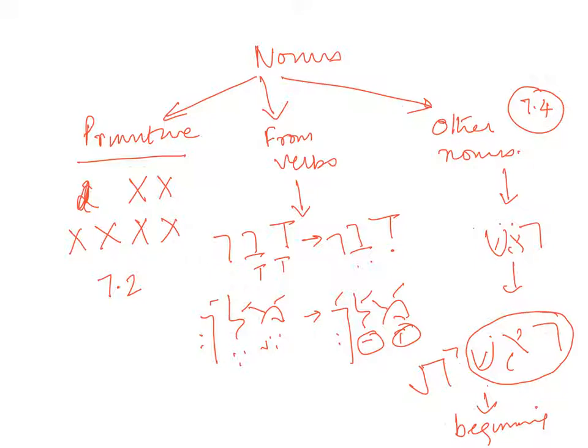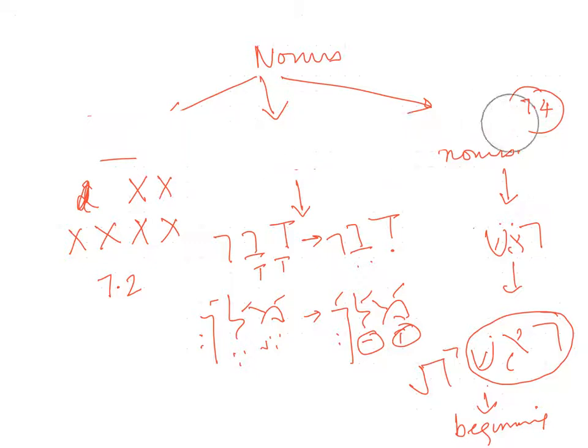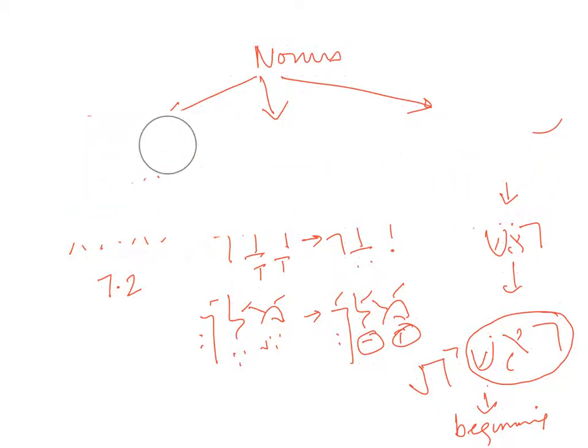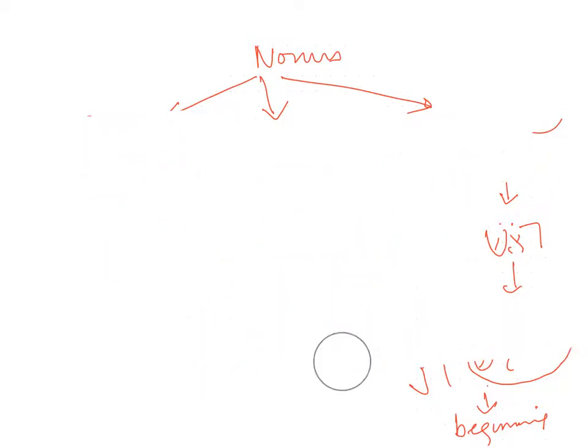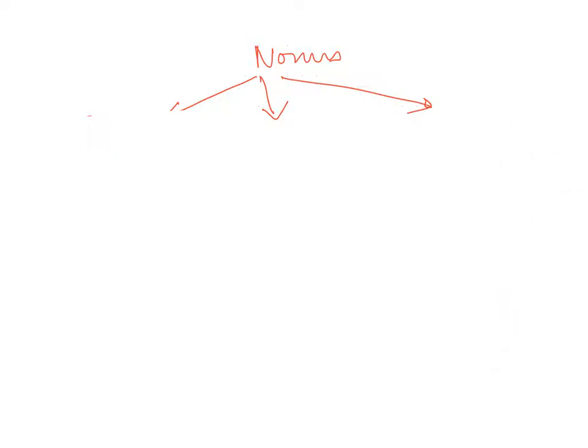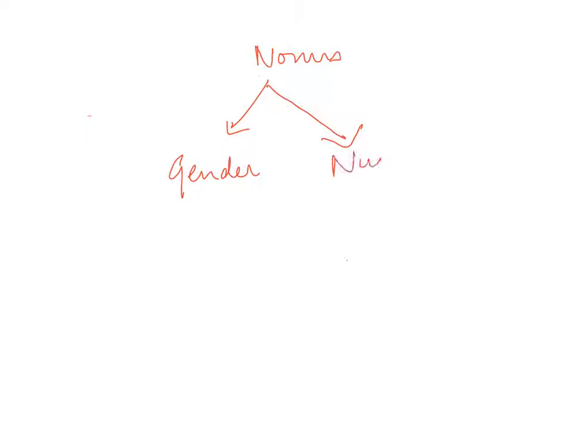Now, when I'm talking about nouns, there are two things you have to remember: they have a gender and they have a number in Hebrew. Gender can be masculine or feminine.